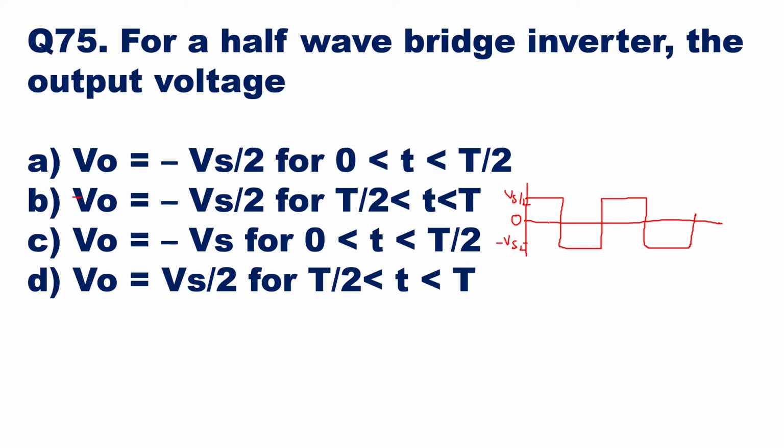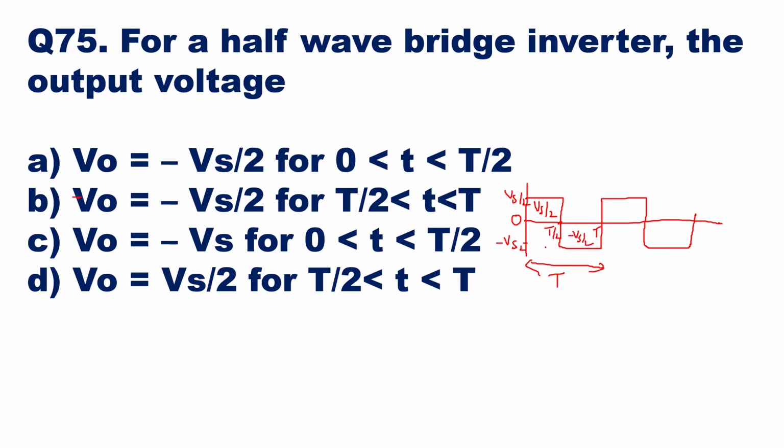Okay, so this is your T by 2, and this is T. So this complete is T. Okay, and this is your T by 2. So for 0 to T by 2, it is Vs by 2, and from T by 2 to T, it is minus Vs by 2.